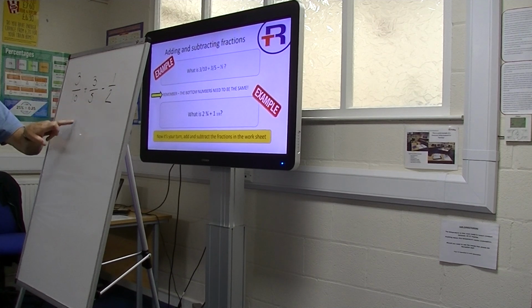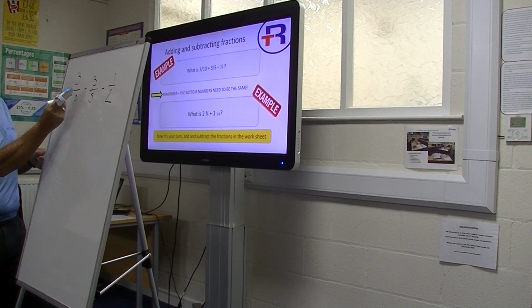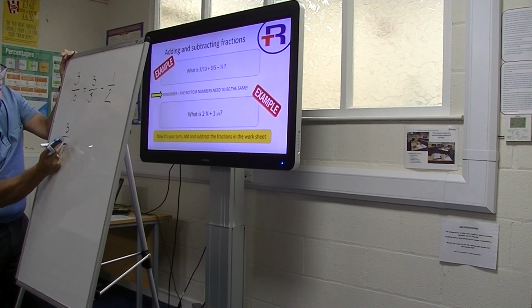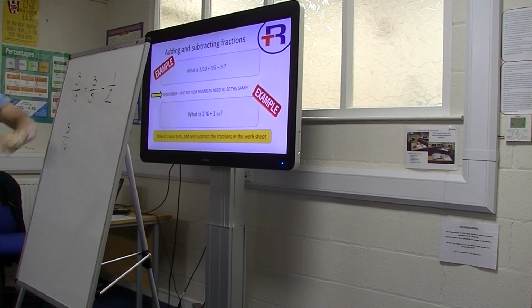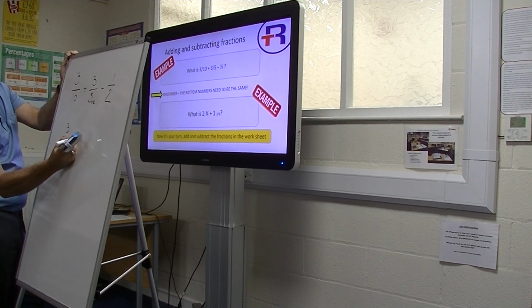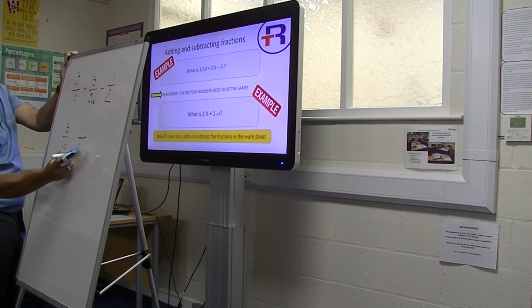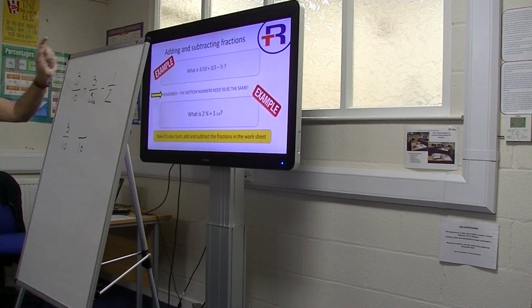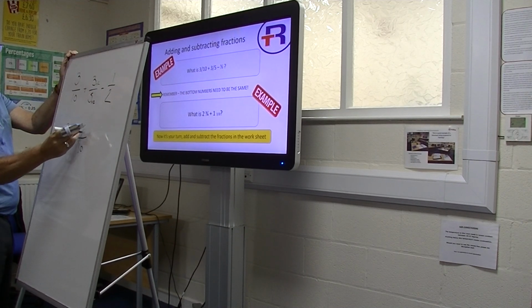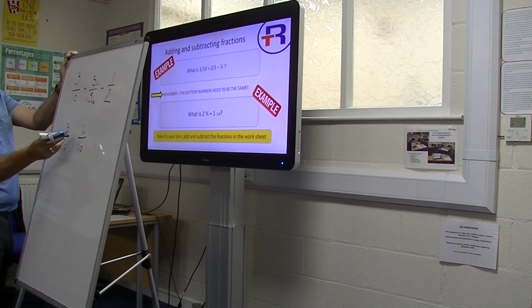We know we can make them all into a 10, don't we? That's already a 10, so we're going to leave it. That 5, I can make into a 10 easily by multiplying it by 2. 5 times 2 is 10, there it is. Whatever I do to the bottom, I've got to do to the top. 3 times 2 is 6. Put the little plus sign back in the middle.